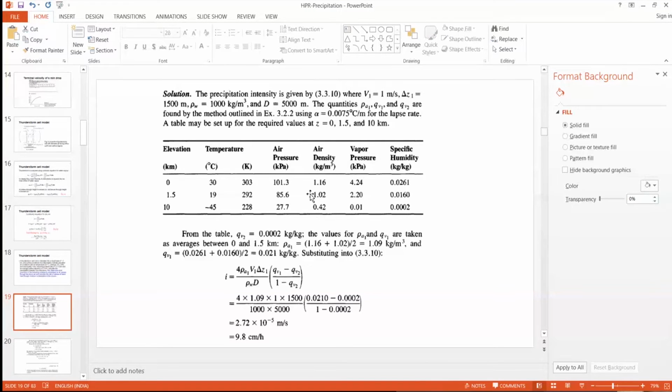So, vapor pressure we can calculate using the vapor pressure equation that Vs equals 611 exponential of 17.270 T divided by 237.3 plus T. Right? Because vapor pressure is just a function of temperature, so we can calculate this. Then specific humidity.